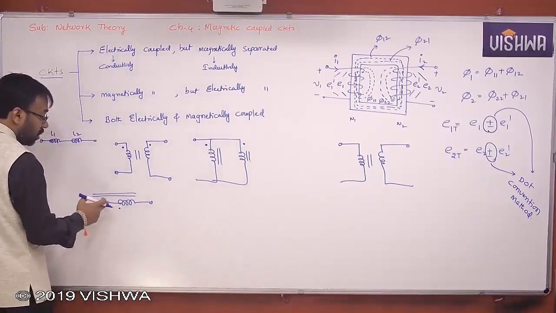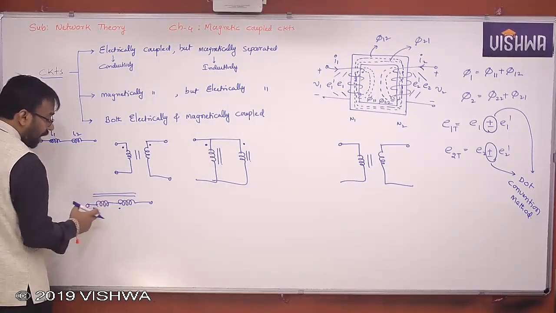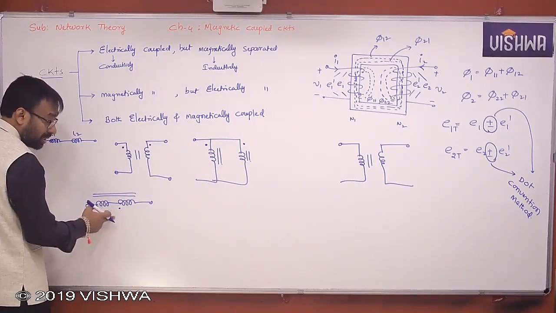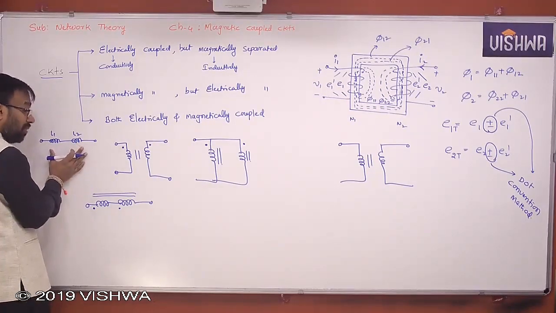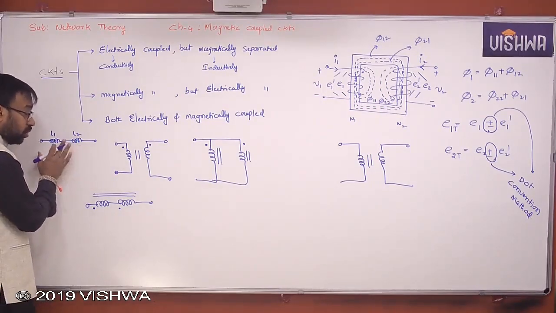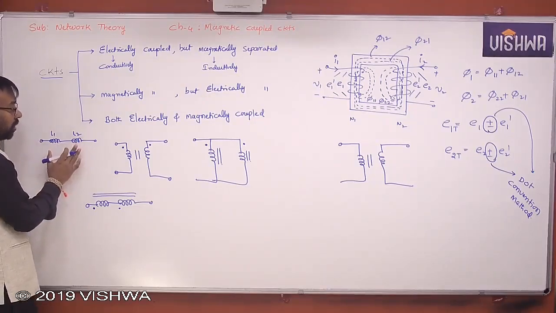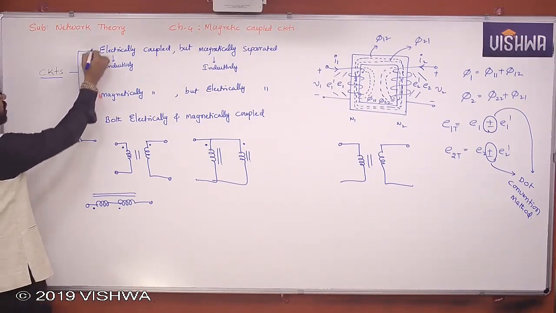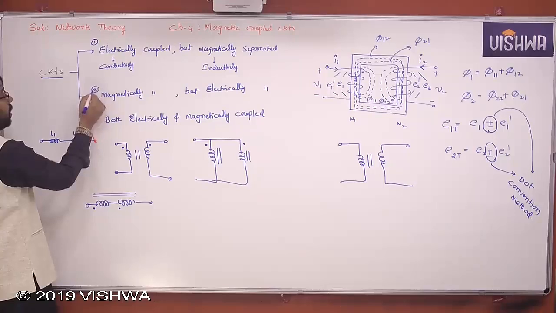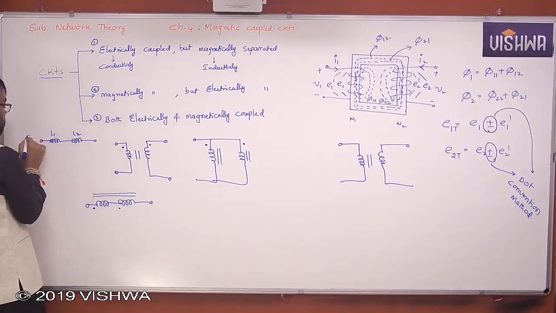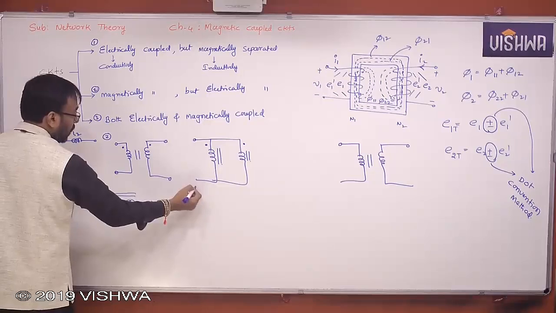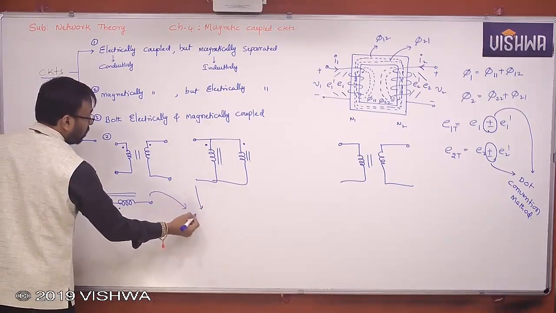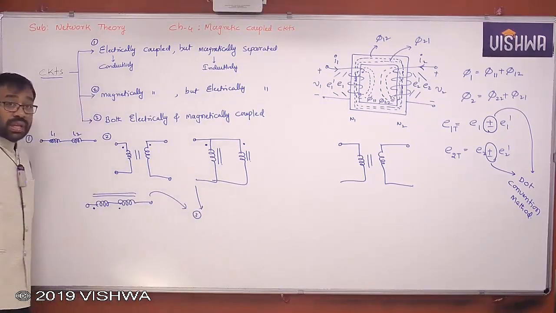Here also there is physical contact directly between the two coils and magnetic coupling because of the dots. Now here the physical contact is there, but there is no common flux sharing concept. There is no dot. Therefore this is the first kind of circuit. This is the first type, this is the second type, and these two are the third type of circuits. Understand all of it?